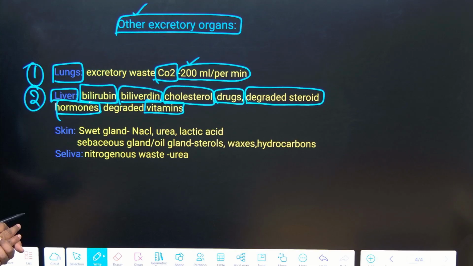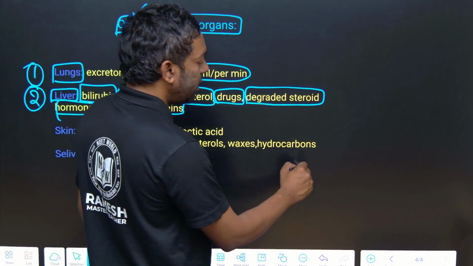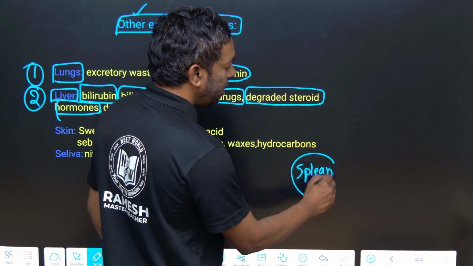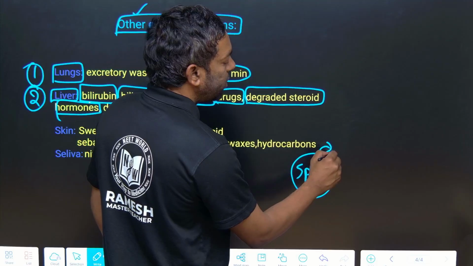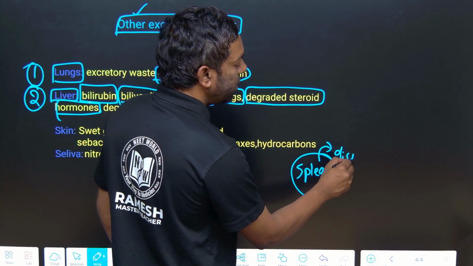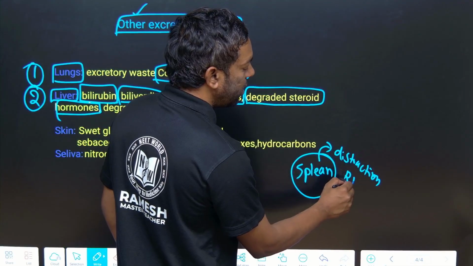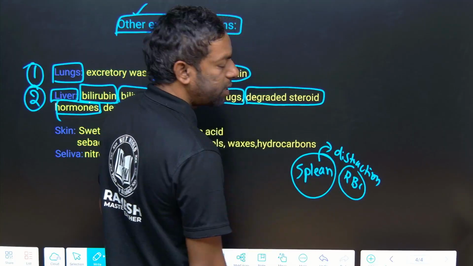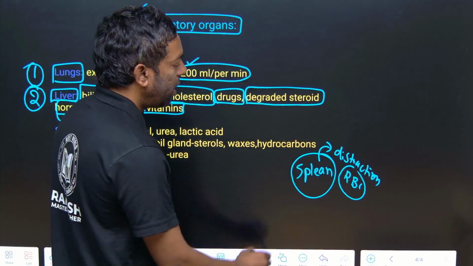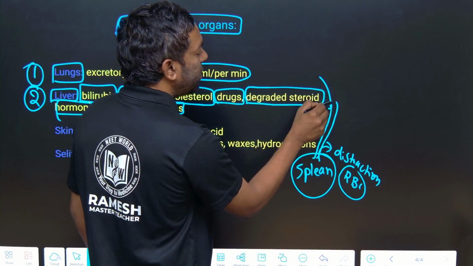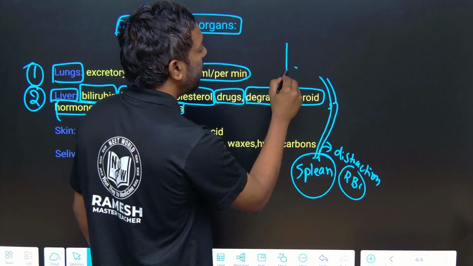How? Actually, the destruction of RBC takes place in the spleen. After that, they release the RBC waste product into the liver.